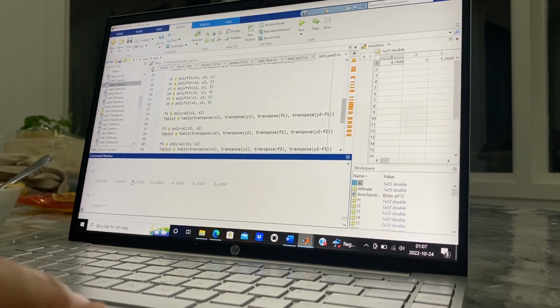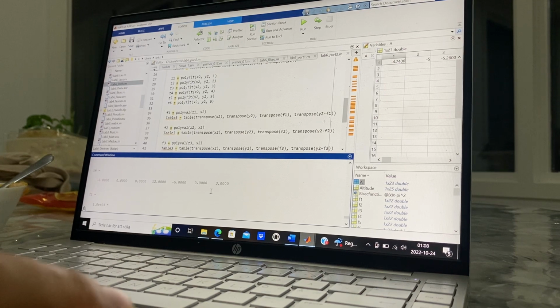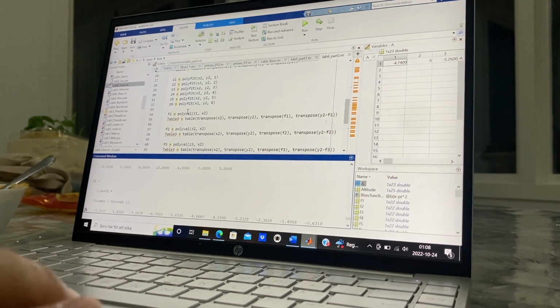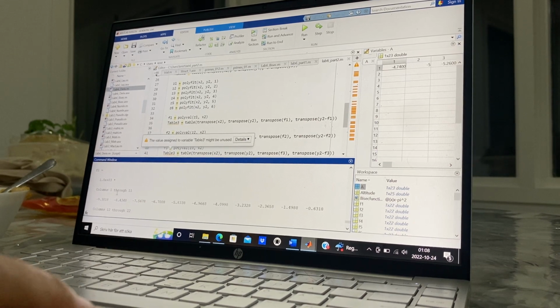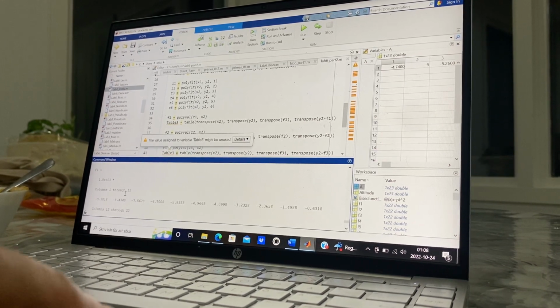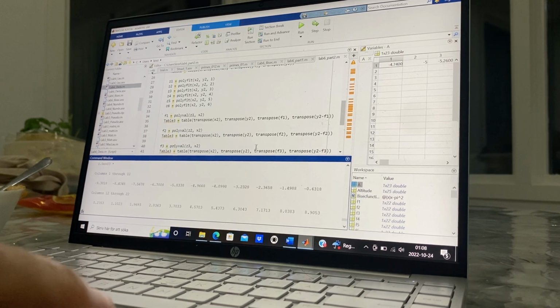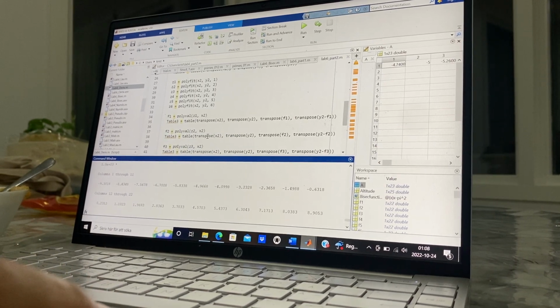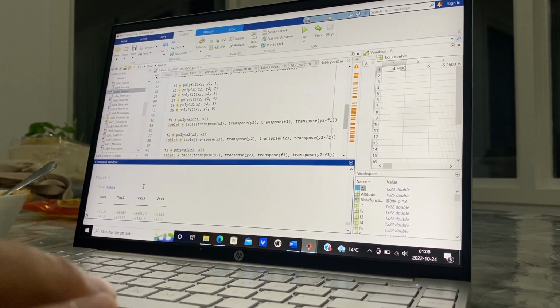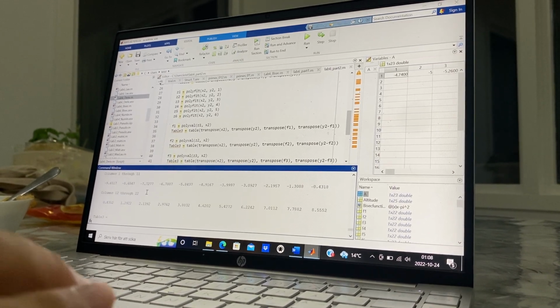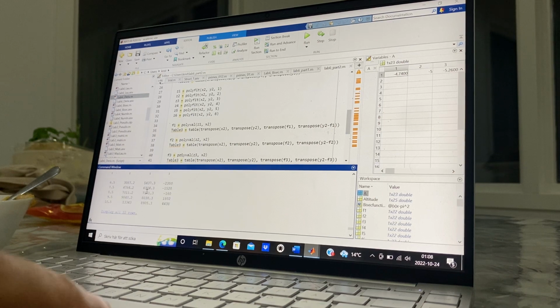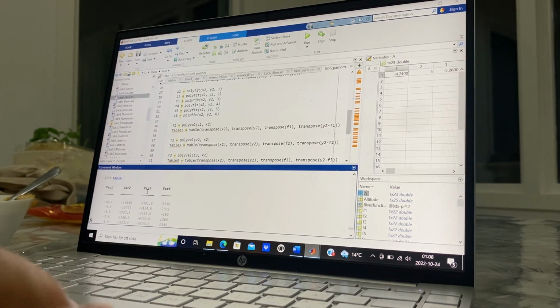And the F1 here gave us 1 times 10 to the power of 3 times all these numbers here using polyval with Z1 and X2, and the same with the others.